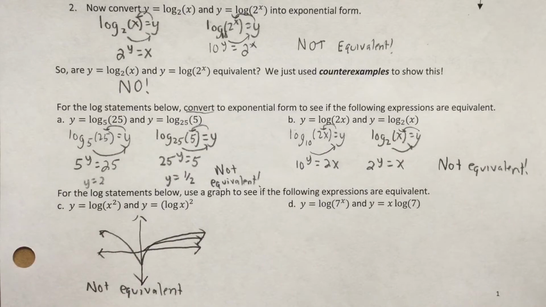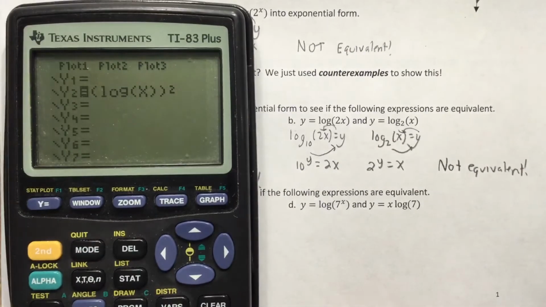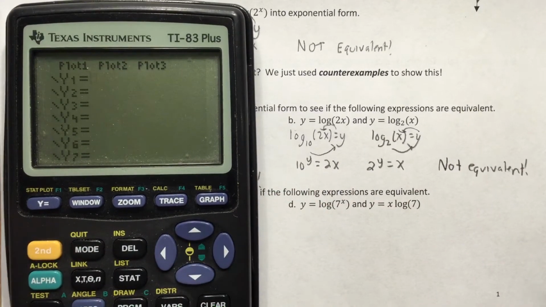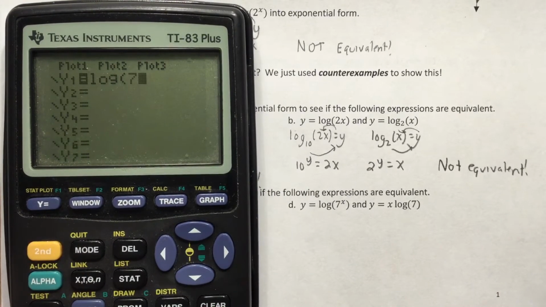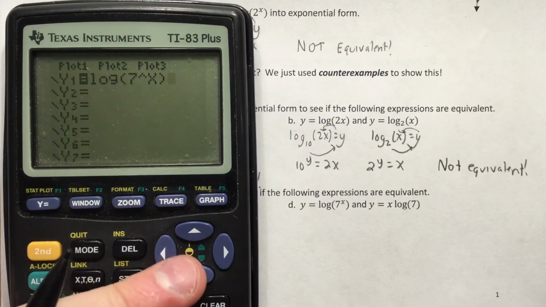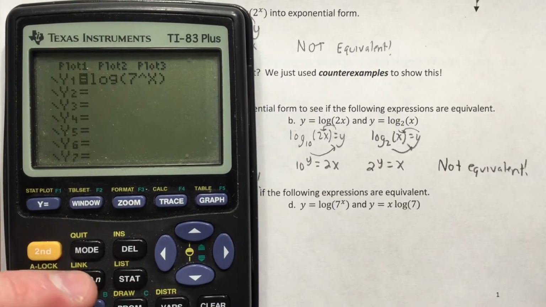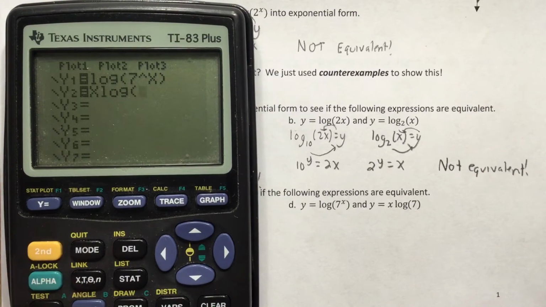And then for our fourth one, letter D, we have log of 7 to the x power, and then x log of 7.